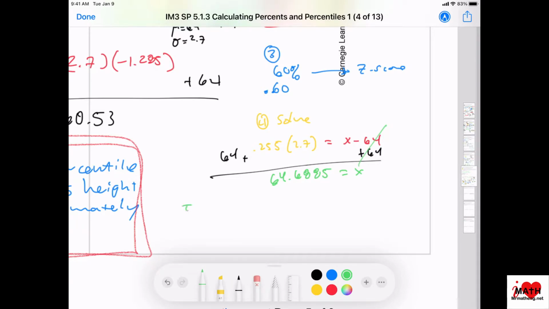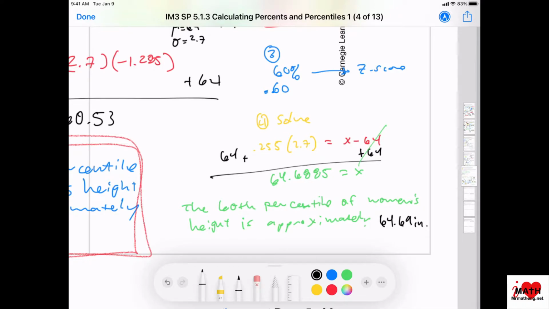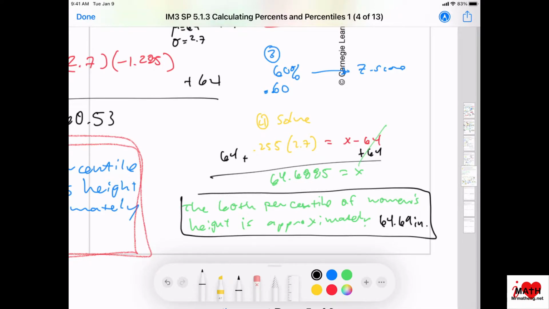The 60th percentile of women's height is approximately 64.69 inches. And this is my answer for C2.